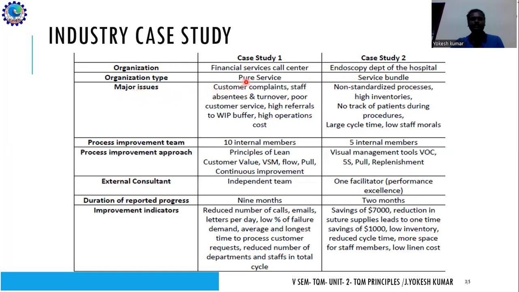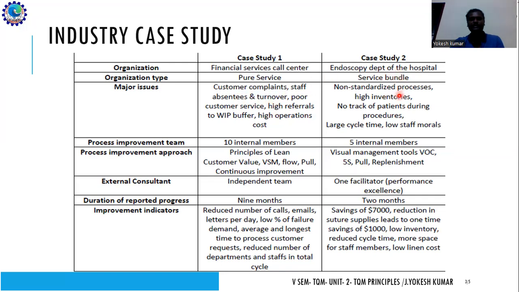Then the major issues in case study one: there are customer complaints about the financial services, frequent absenteeism of staff members, poor customer service for arranging loans and calculating interest, high referral, and high operation cost to run the industry.